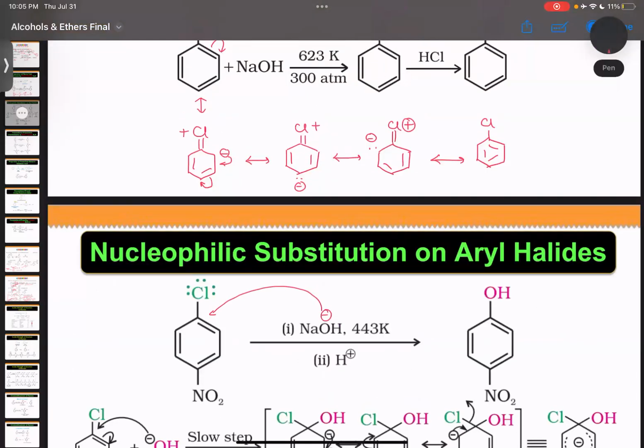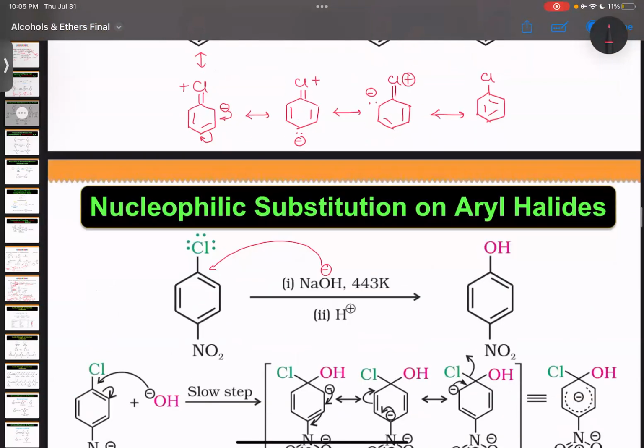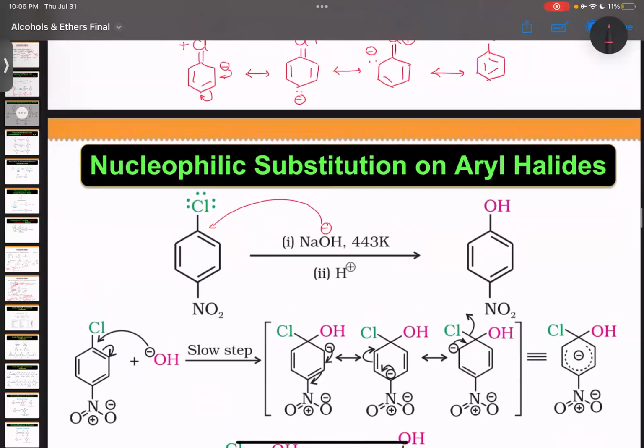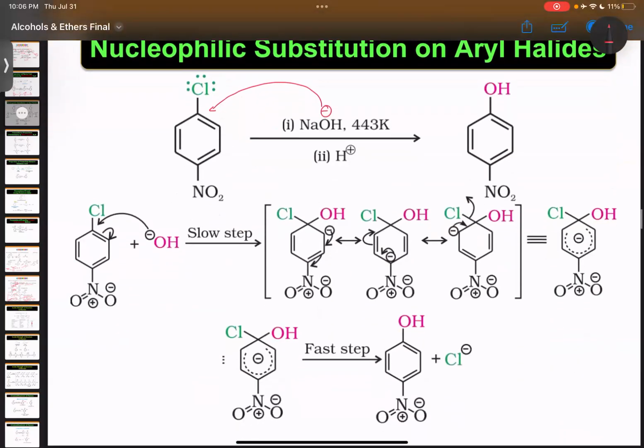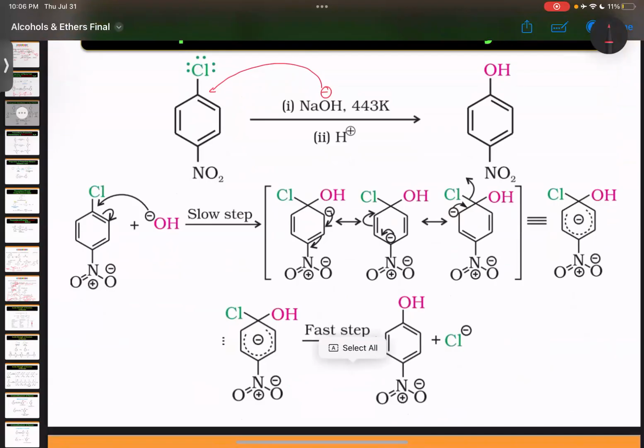And if there is a group which can take away the electron from the ortho and para position, that will make the minus charge more stable. Is it clear or not? Got it? Yes.